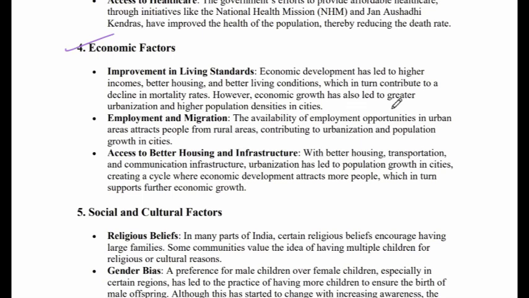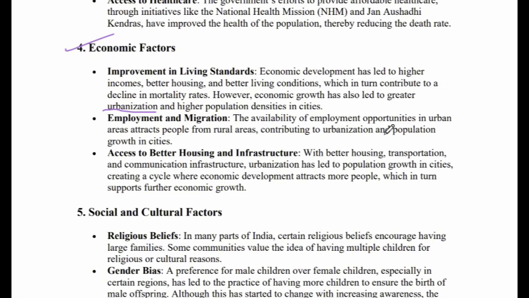Economic growth has also led to greater urbanization, that is, people are moving from villages to cities, and higher population densities in the cities. Many people are moving, in hordes, from villages to cities in search of jobs, because there is a lack of jobs, money, and facilities in the villages, so the population density in the cities is increasing.